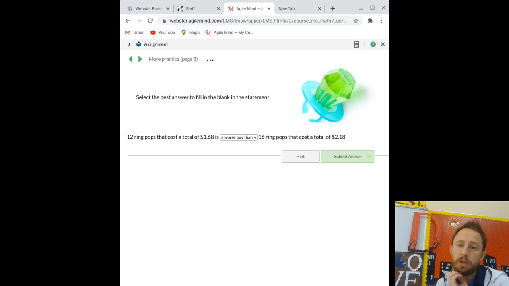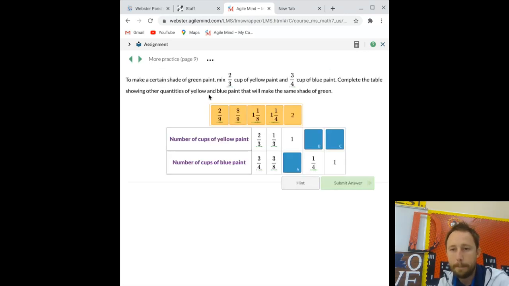Correct. And so the unit price for the 12 ring pops was what? 0.14. It was 0.136 for the 16, right? Good. And so that means that the unit rate for the 12 ring pops is what compared to the 16? It's a worse buy, because it costs more. Good. All right, number 9.